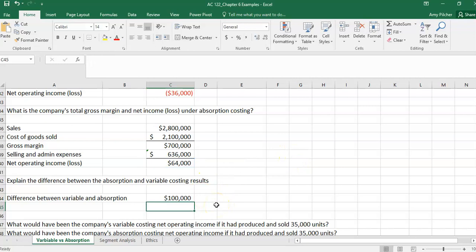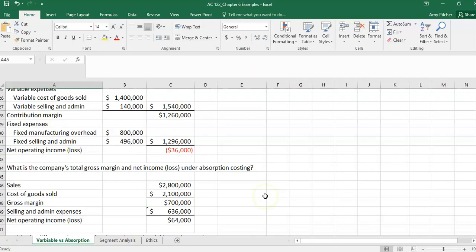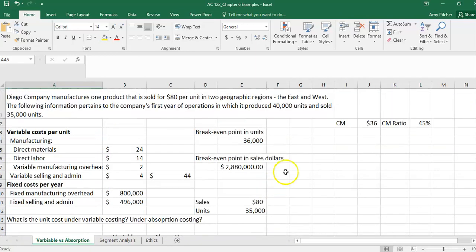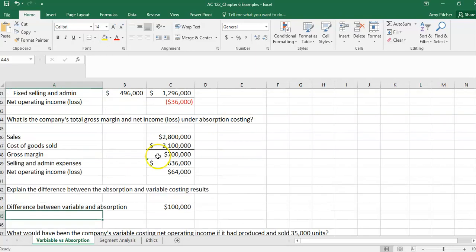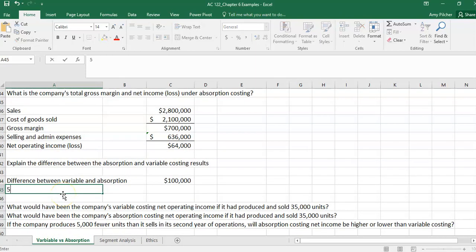So we have a $100,000 difference in income. Where does that difference come from? We remember that the only difference between the two methods is the treatment of fixed manufacturing overhead. The other thing that we know is that we made 40,000 and sold 35,000. So we have 5,000 units left in finished goods inventory.